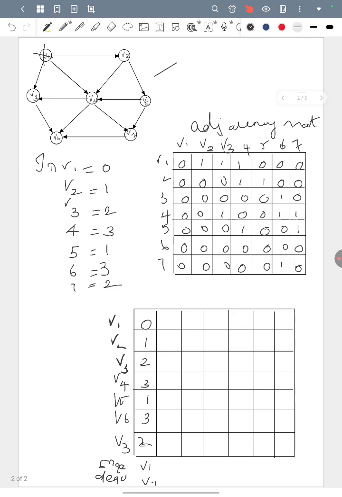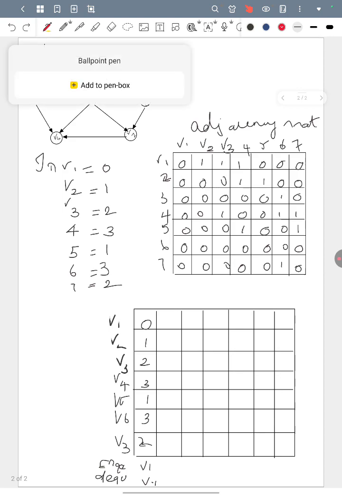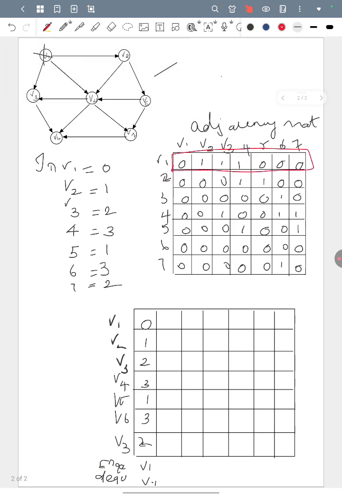See here in this table which vertices have an in degree from V1. It is nothing but V2, V3 and V4.